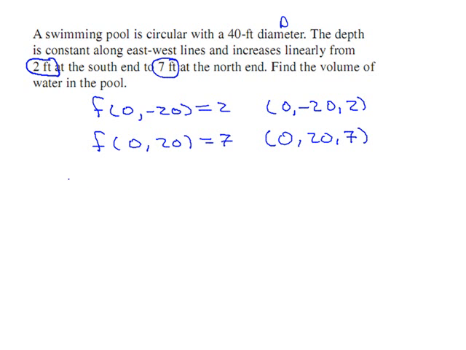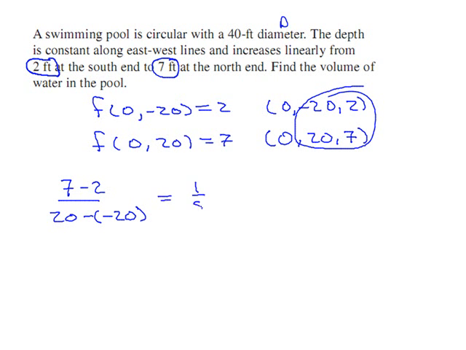This line has a slope of 7 minus 2 over 20 minus negative 20, which is 1/8. So an equation of the line is z minus 7 equal to 1/8 times the quantity y minus 20.